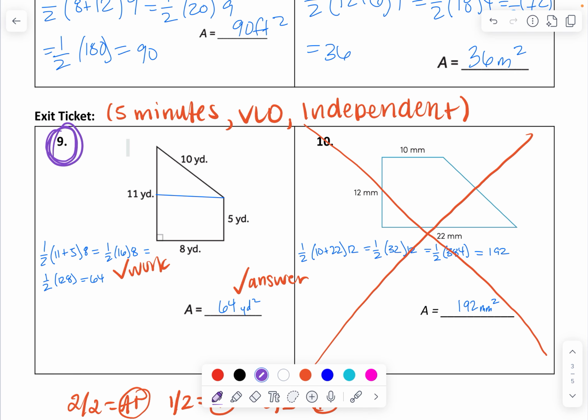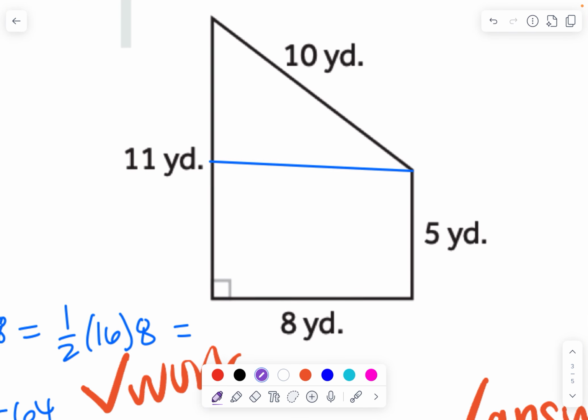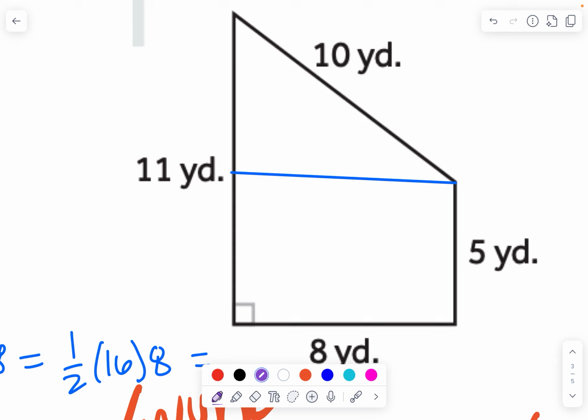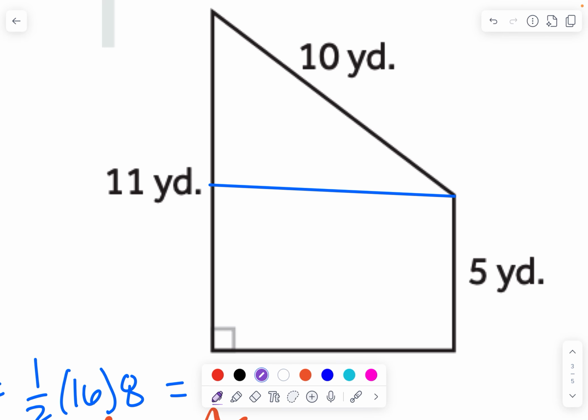Now, students can decide to turn this shape into 2 different ones, into a triangle, because they know the area of a triangle already, and they've also learned the area of a rectangle. They can choose to do it that way, or they can choose to do it the way we just taught them.